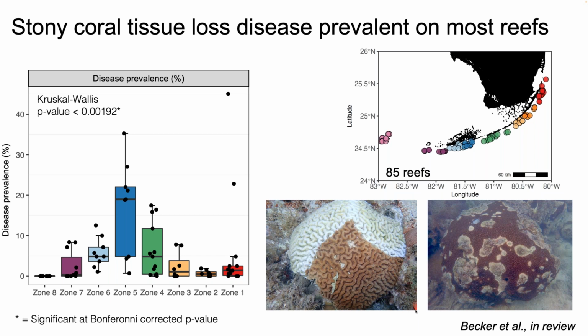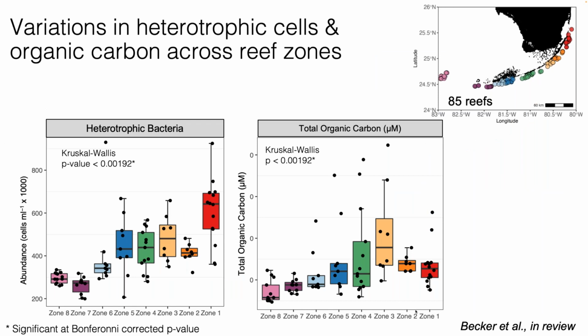Before I get into the omics data too, I wanted to share some of the other parameters of the reef that we typically measure from reef water, heterotrophic bacteria, as well as total organic carbon. So this was done for all the 85 reef sites that we visited. And so you can see some really nice patterns that are related to the zones.